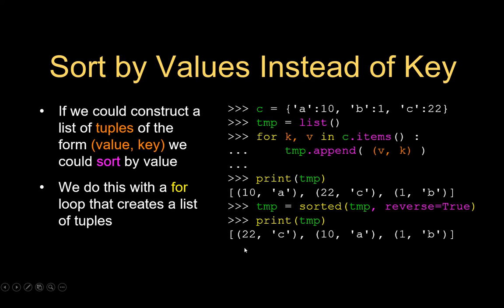So we start with the highest one, which is 22: value 22, key C. The next highest value is 10, the key is A. And the last one is 1, the key is B. So we sorted a dictionary in descending order using the sort function and the for loop, and of course the tuples in the temporary list that we had here.